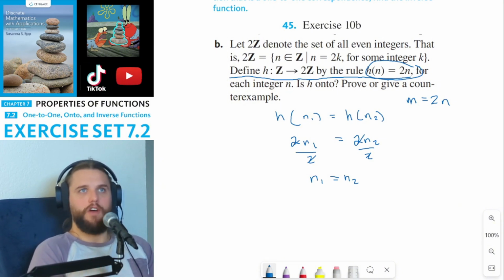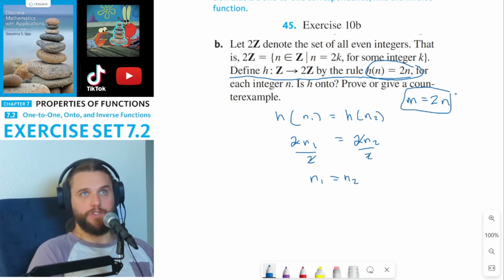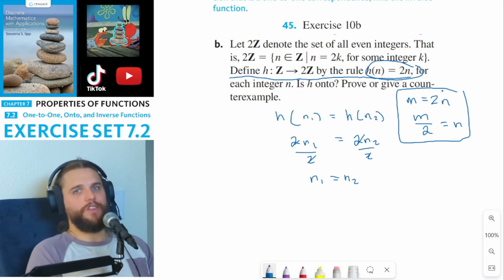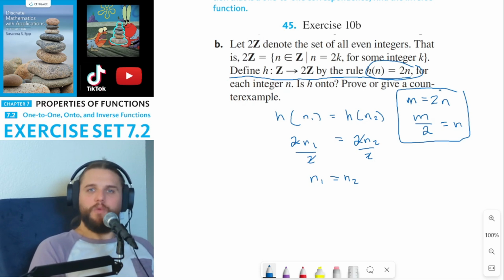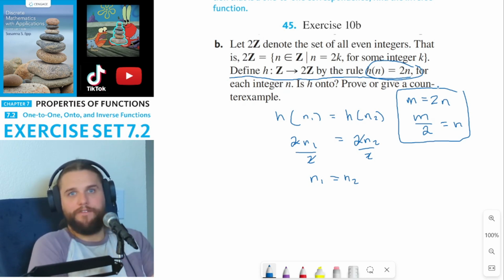An inverse function is just another way of writing a relationship between two different variables. So for example, here we have m equals 2n, but another way of saying this is m over 2 equals n. I wouldn't say that these two are different formulas. Even though they look a little bit different, they really represent the same information being conveyed here, that m is twice as large as n, or that n is half as large as m.